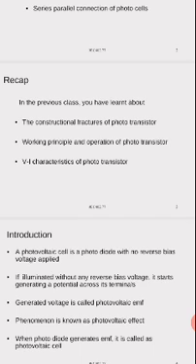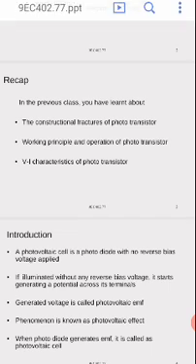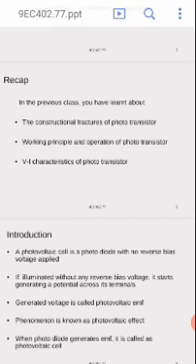If illuminated without any reverse bias voltage, it starts generating a potential across its terminals.